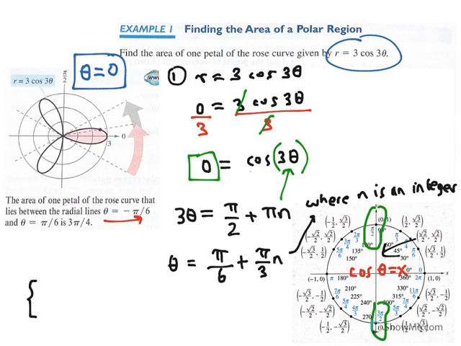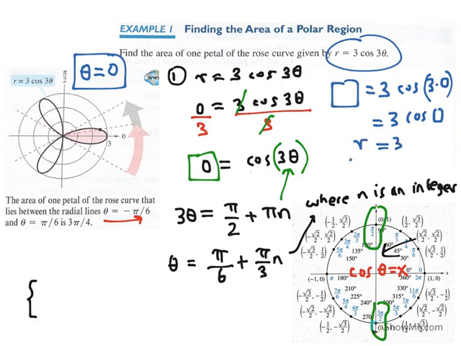Suppose you evaluate your polar equation when theta is equal to 0, what will you get for r? So you will have 3 times cosine of 3 times theta. 3 times 0 is 0. Cosine of 0 is 1. 3 times 1 is 3. So you'll get r is equal to 3 when theta is equal to 0.